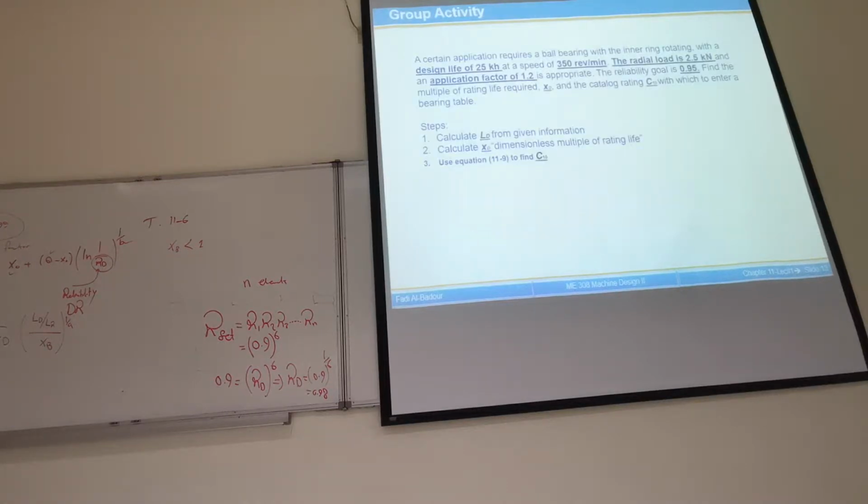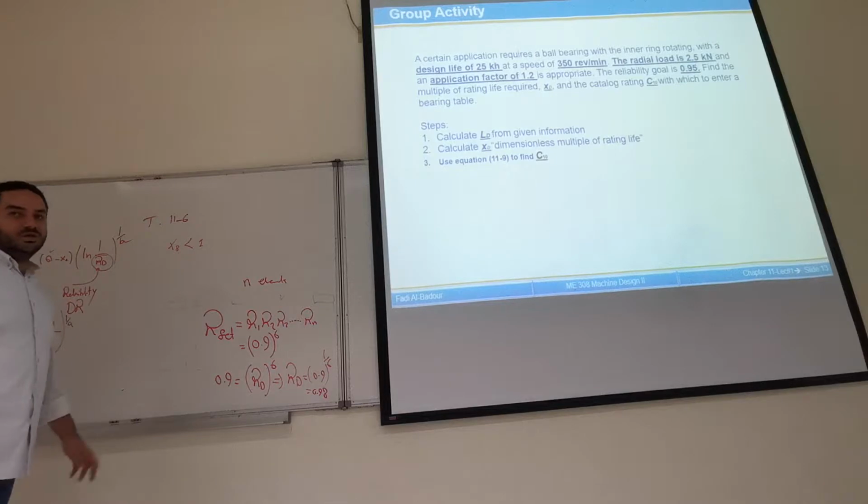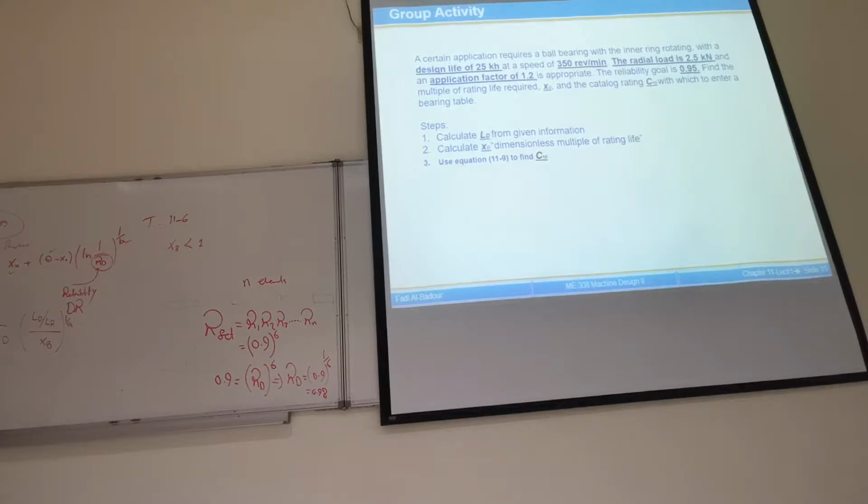Doctor, you mean for every part the reliability is 98%? This is only for the bearings. So each bearing should have a minimum reliability of 98%. In this case, a gearbox of 6 bearings. Yeah, 0.98.